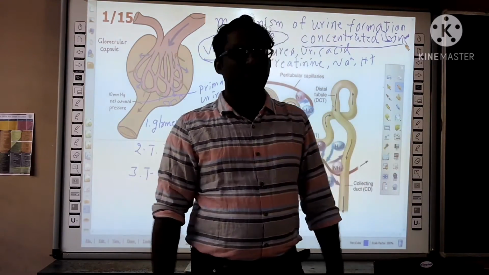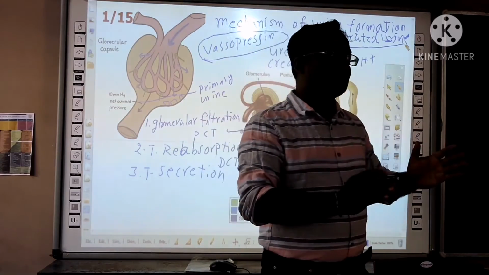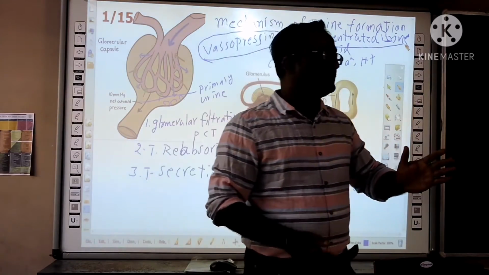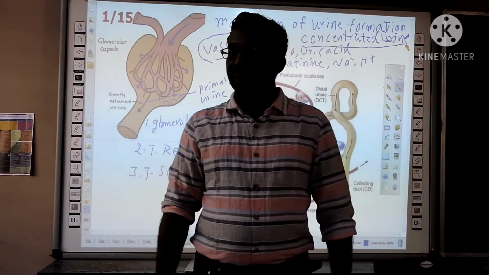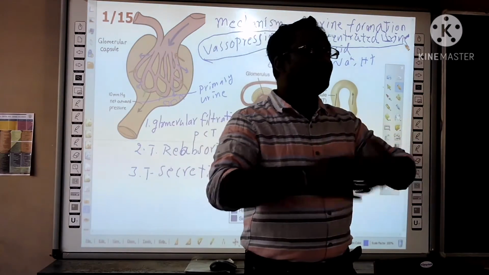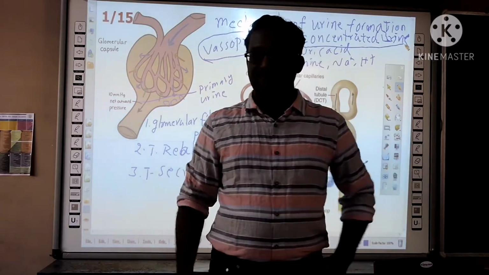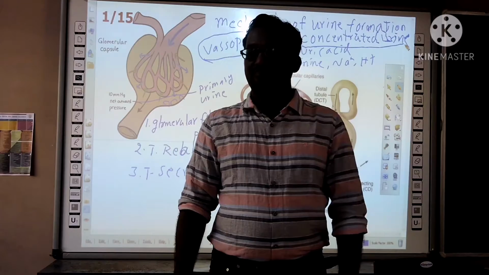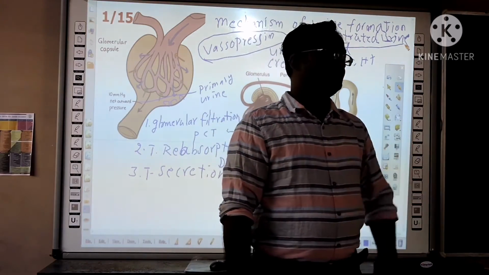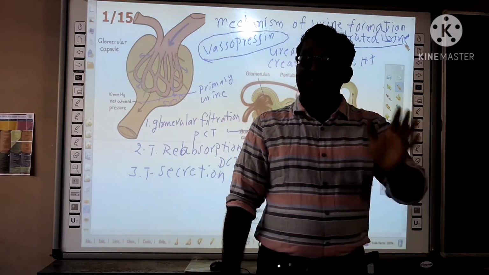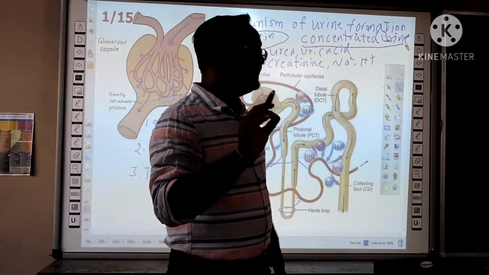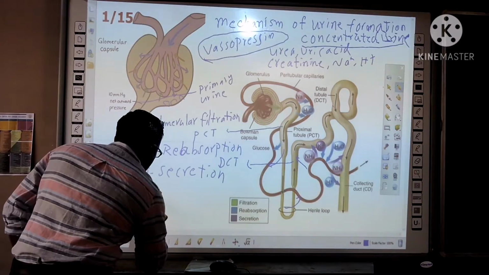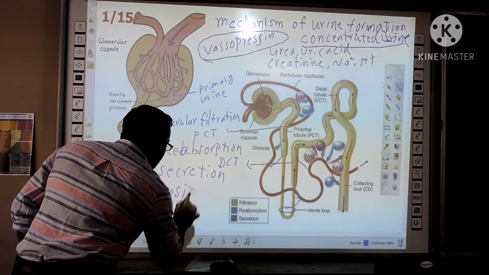Due to some diseases or problems of the hypothalamus, in some persons vasopressin is not released. In that person, the water will be lost to the urine. They go to urinate very frequently. The urine is very dilute. That disease is called diabetes insipidus.